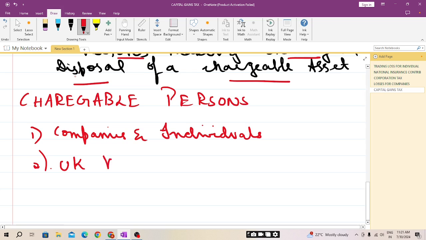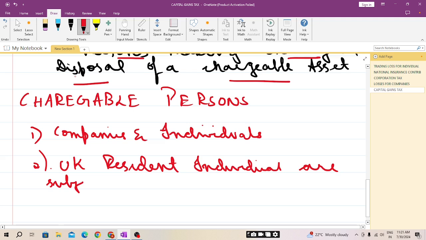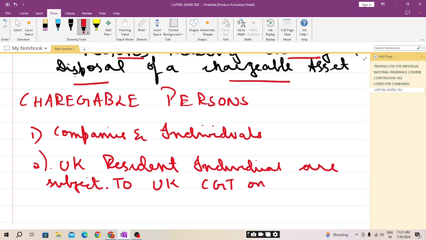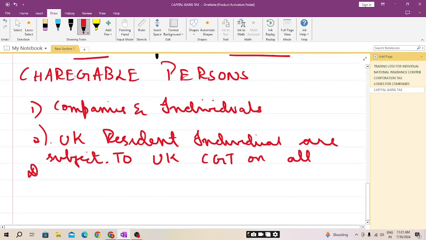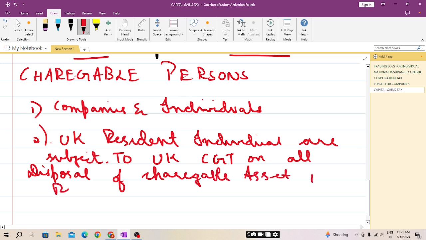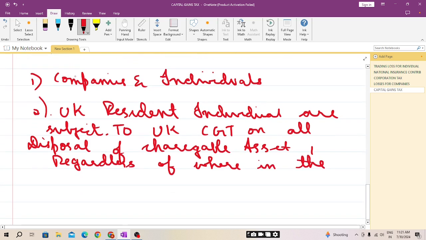If a person is a UK resident individual, students, UK resident individuals are subject to UK CGT on all disposals of chargeable assets regardless of where in the world the assets are situated.